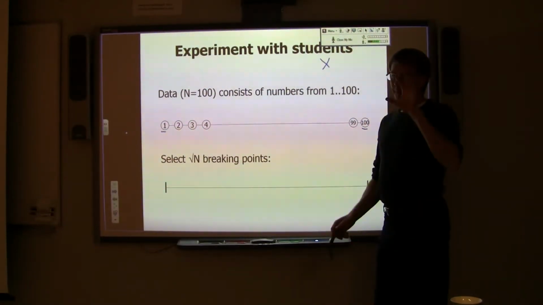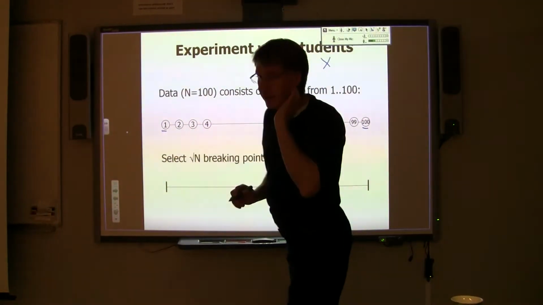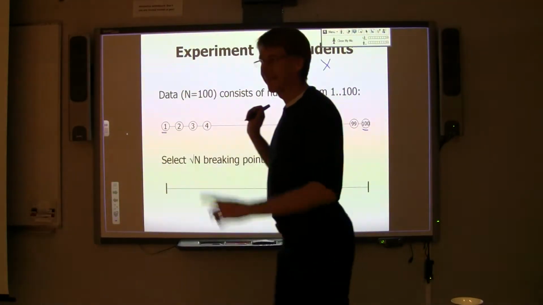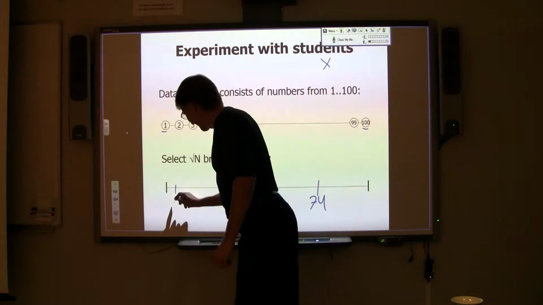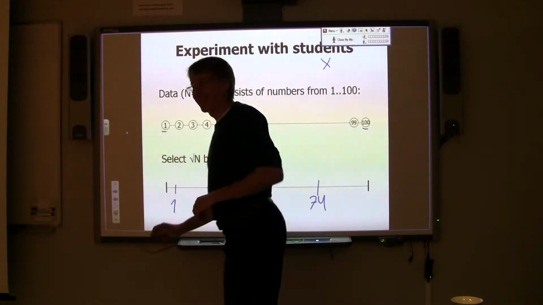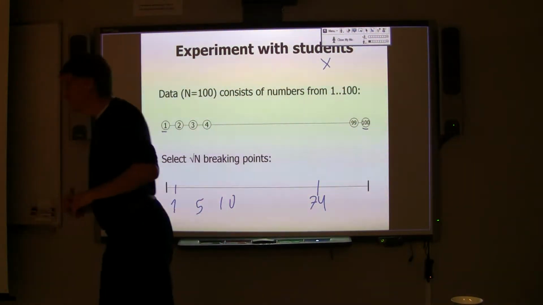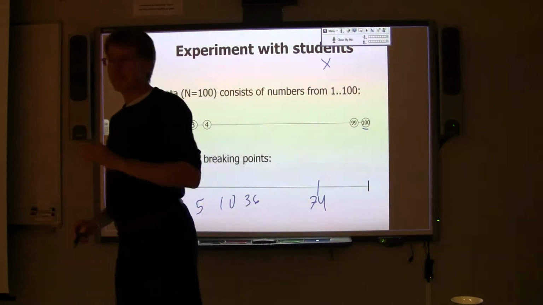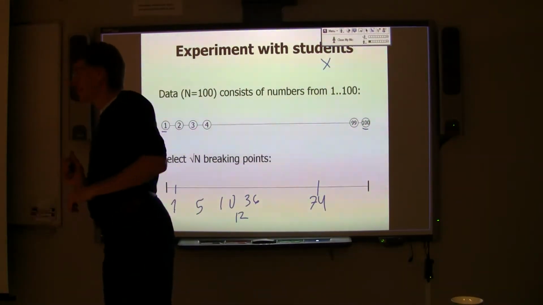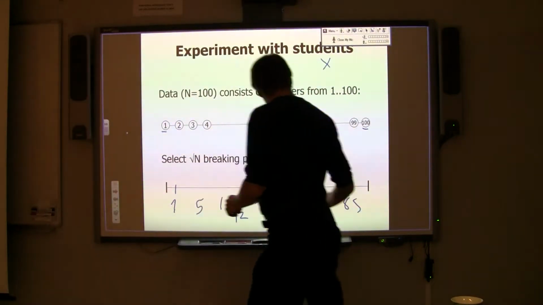Now you are the random number generators. Give me one number between 1 and 100. 74. 1. 5. 10. 36. 12. 85. 90.